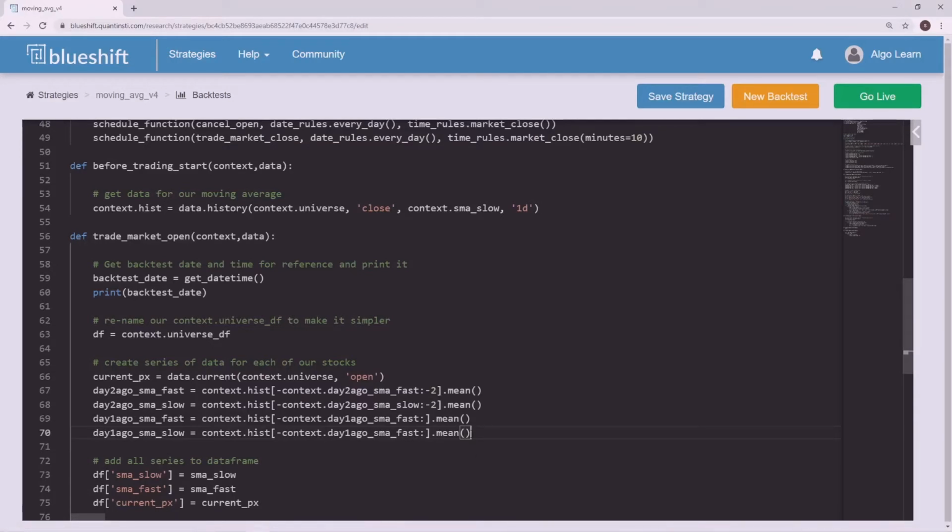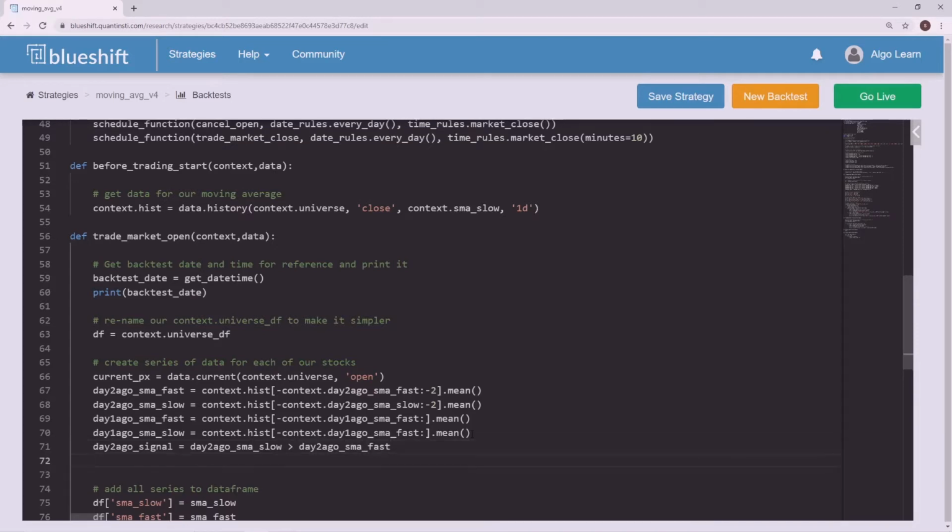All right. Now, we're getting there. So now let's take a look at our signals. So we've got a day 2 ago underscore signal. And so what we're trying to find was day 2 ago slow. Was our slow line greater than our day 2 ago fast?